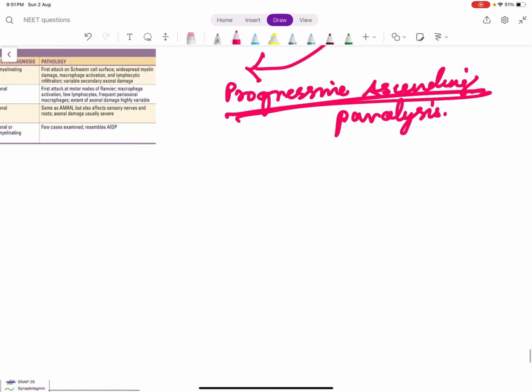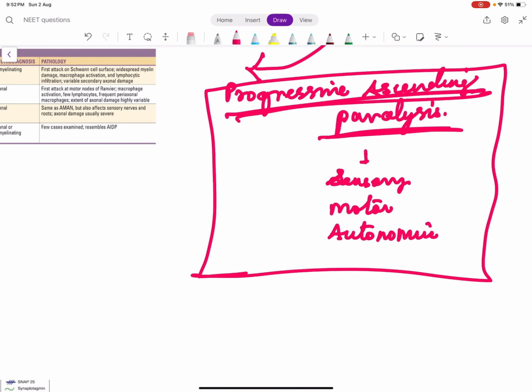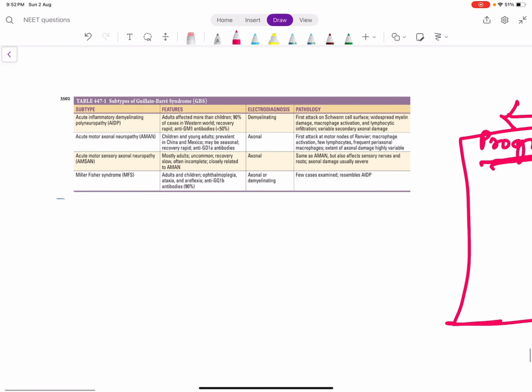So there is progressive ascending paralysis. I told you in nerve there will be sensory changes, motor changes, and autonomic changes. In neuropathy, all these three will occur together. So when nerve is demyelinated, these changes occur, right? So this will be the clinical scenario.